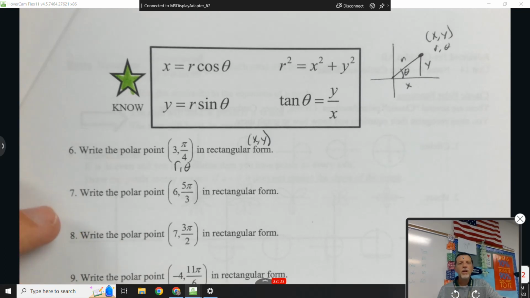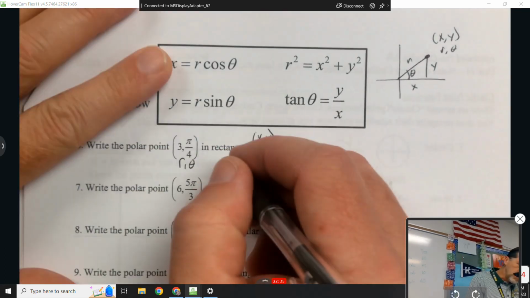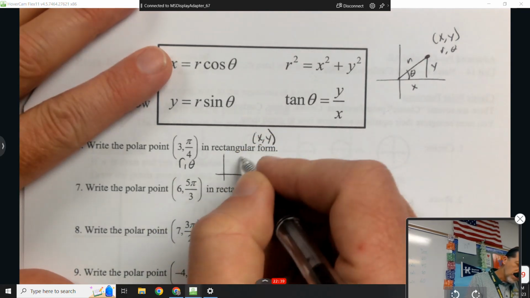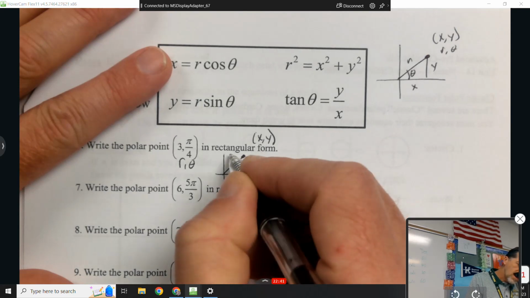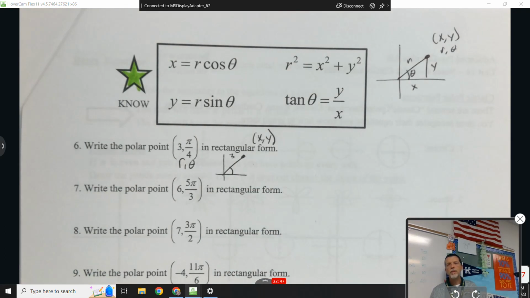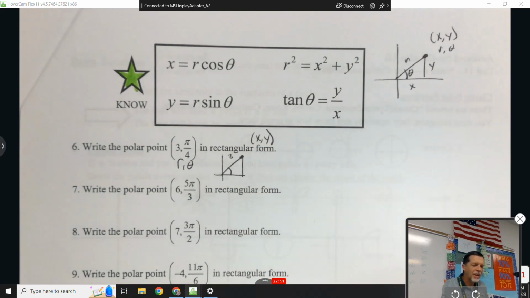Most of us mortals like to see a picture. So pi over 4 and then go out 3. So there's a picture of the point. Because to me, if I draw a picture of the point, then I can come up with x and y without really thinking about equations.